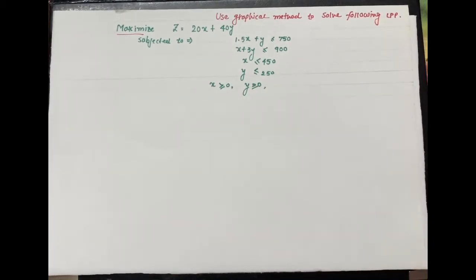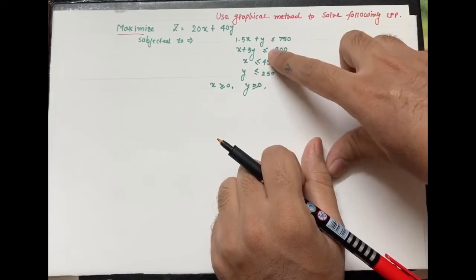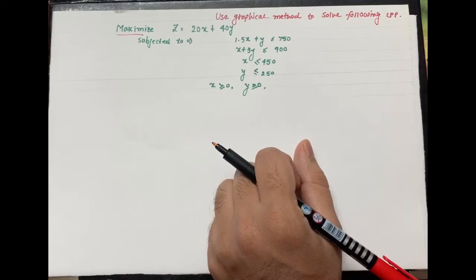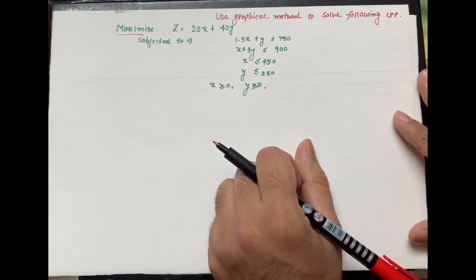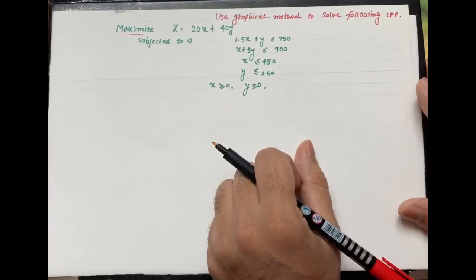So what is the first step while solving an LP model using graphical method? The very first step is that all these constraints, less than or equal to or maybe greater than or equal to, are required to be converted into equal to functions.